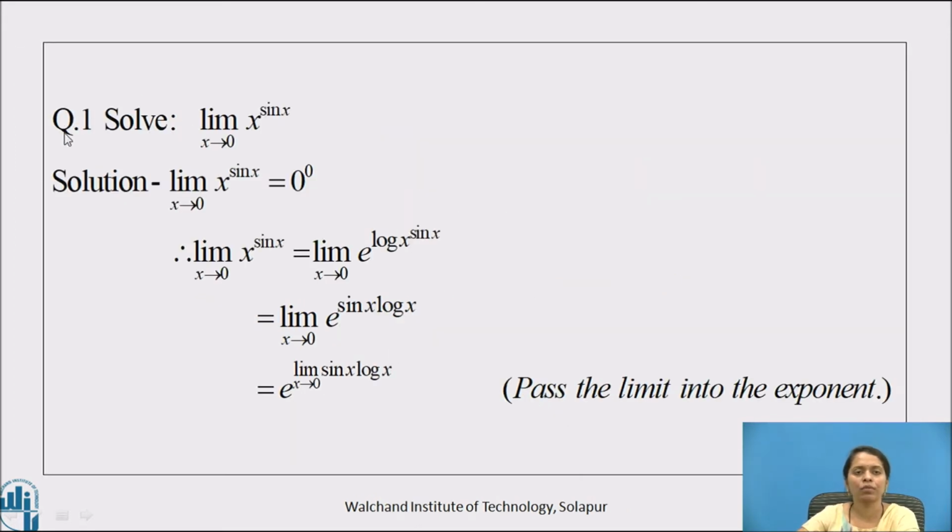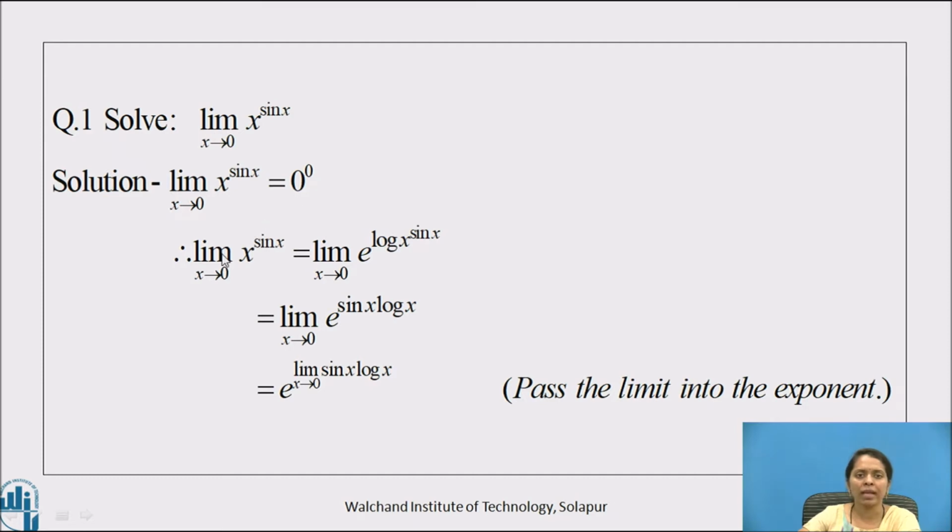Now, let us solve one example. Solve limit x tends to 0 x raised to sin x. In the solution, if we put x equal to 0 here, it will be 0 raised to sin 0, which is 0 raised to 0, an indeterminate form.